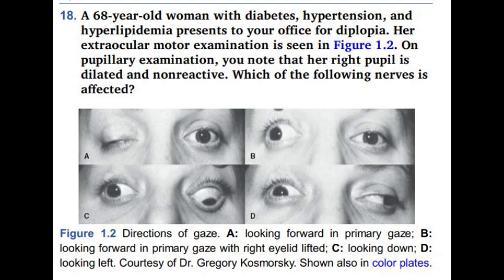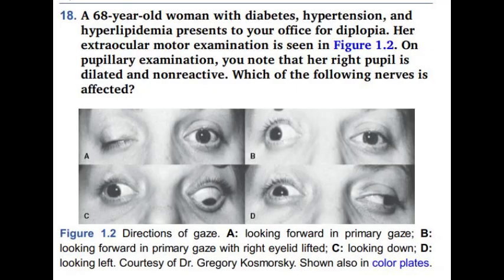So we have this patient who has ptosis and mydriasis, and that tells me that something is ongoing with the parasympathetic fibers. Let's keep going.